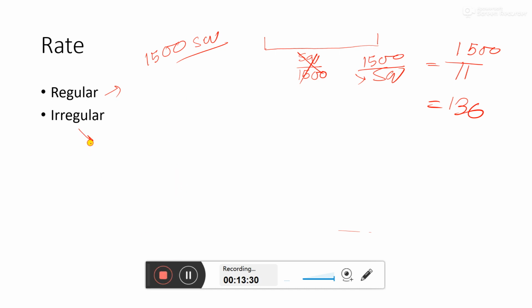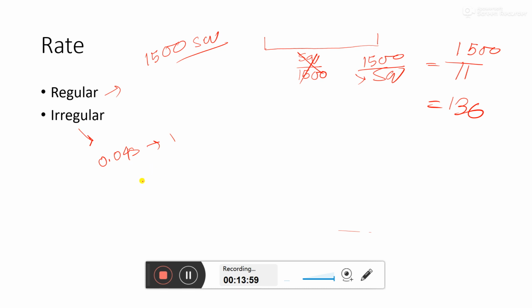Now we will tell how to calculate the irregular heartbeat. Here it is quite difficult because everything is not symmetrical. So we know that ECG travels 0.04 second in one small square.